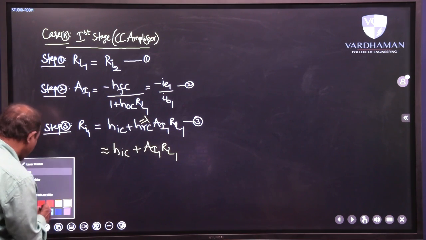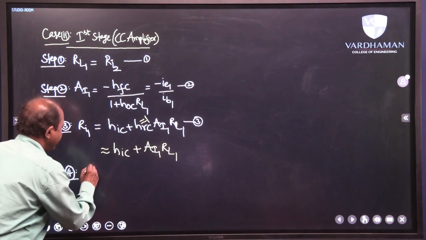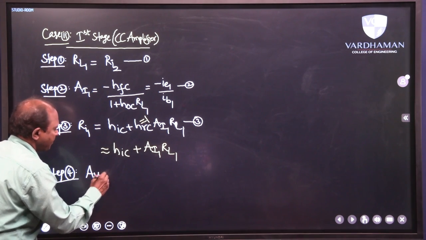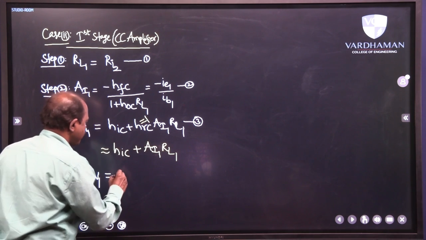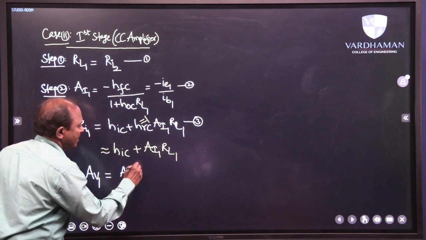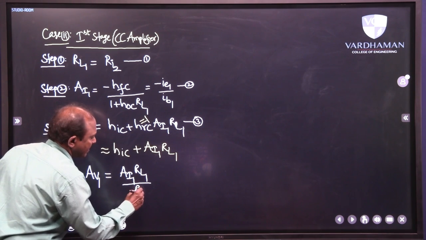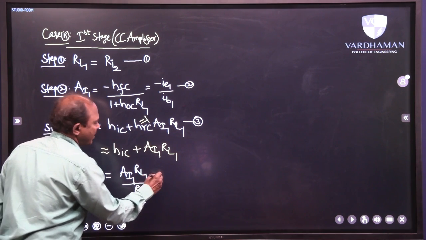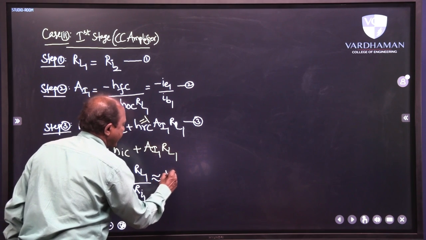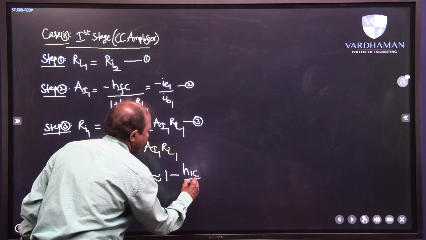Then next parameter is voltage gain of first stage. This is AI1 RL1 by RI1, which can be approximated to 1 minus HIC by RI1.